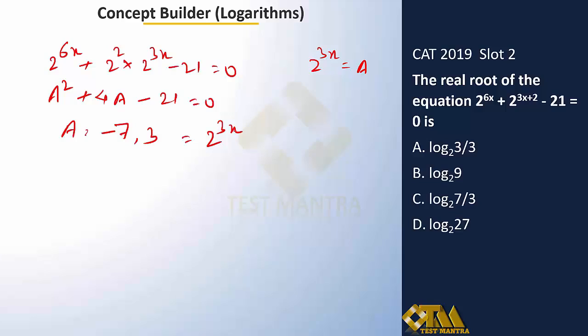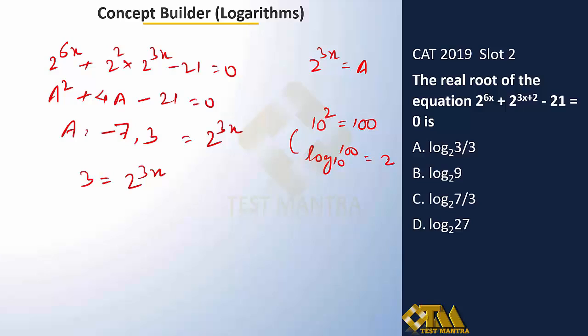Now here the value cannot be minus 7, because 2 raised to 3x is the value available here, so it cannot be minus 7, so it should be 3. So I can say 3 should be equal to 2 raised to 3x. Now just identify, if you remember the basics of log, as we have seen 10 square was nothing but 100, so I can represent this one as log 100 to the base 10 is equal to 2.